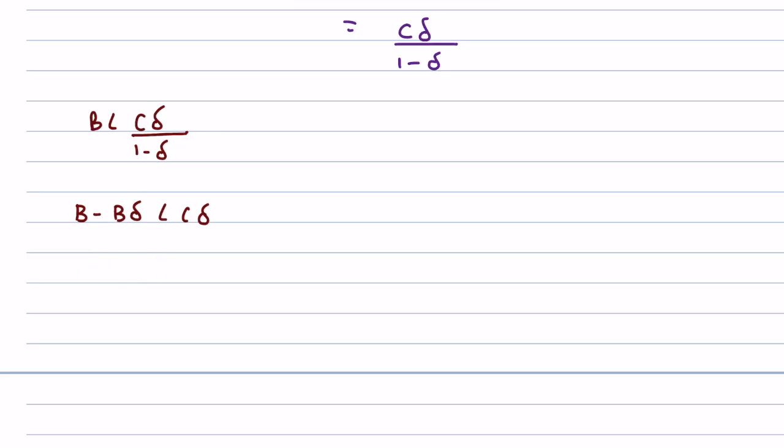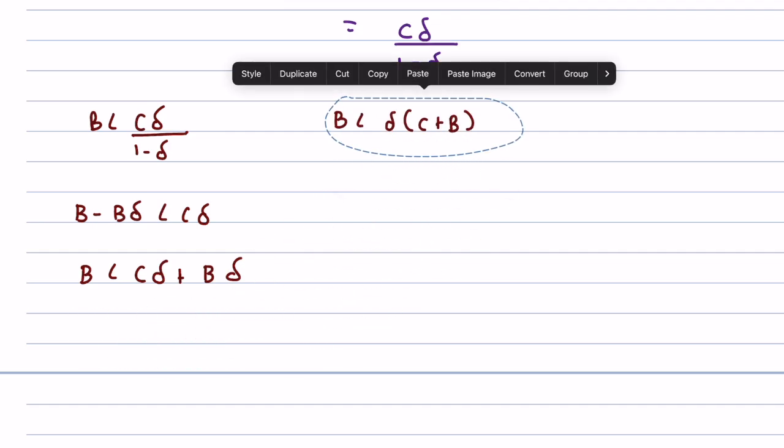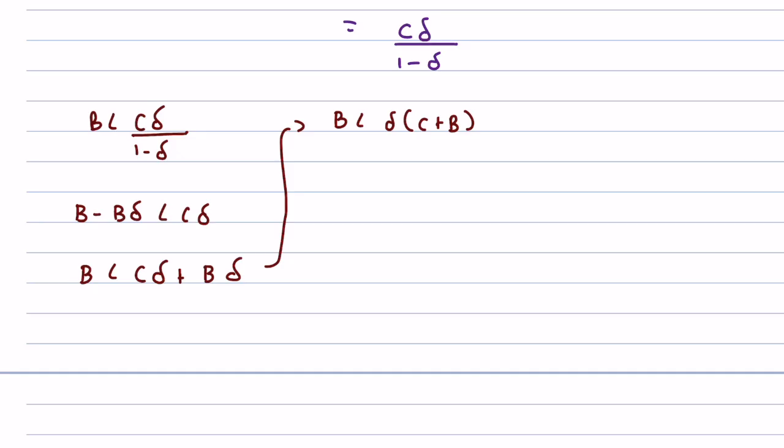We're going to get B must be less than the cost times delta plus the benefit times delta. We can then factor out the delta and divide both sides by C plus B. And what we'll end up getting is our delta critical, which is our discount factor that makes collusion sustainable versus unsustainable, equal to benefit over the cost plus the benefit.